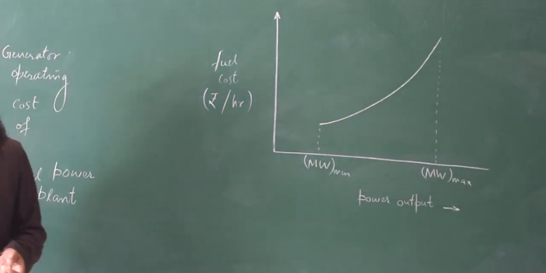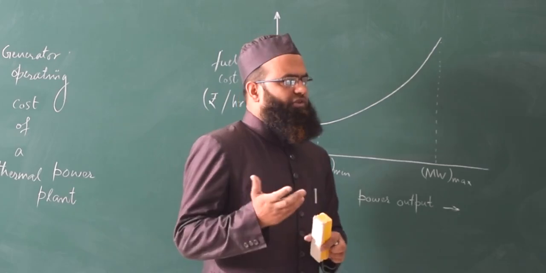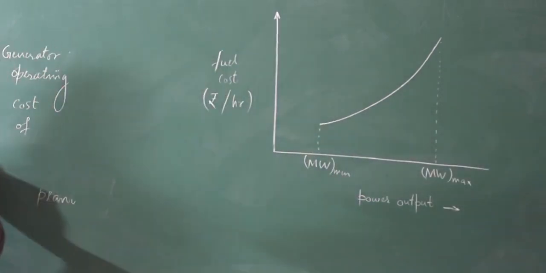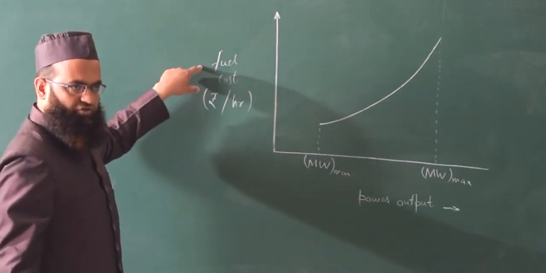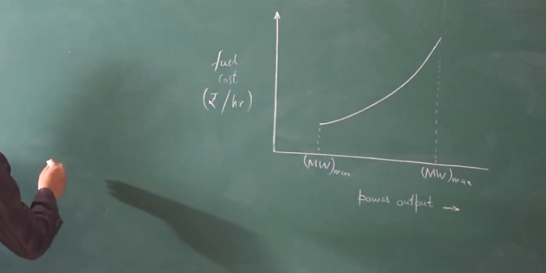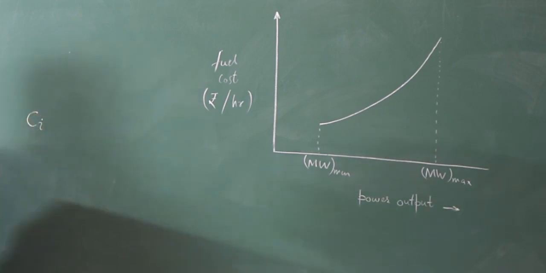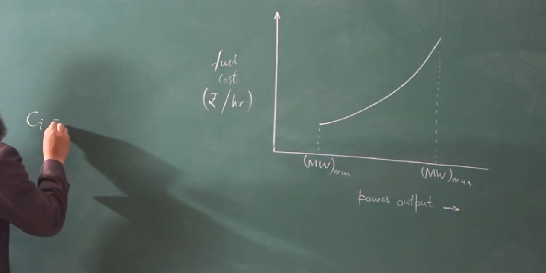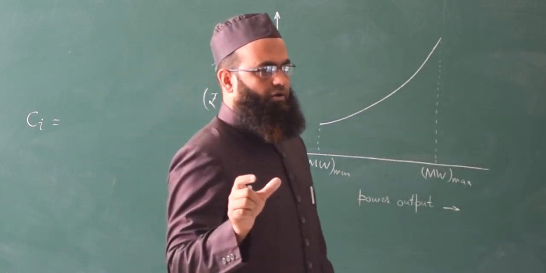So suppose this polynomial after curve fitting we get is a simple quadratic. Let us denote that polynomial. What is this output? Cost. Denote it by Ci, i for ith unit. Cost of ith unit equals, what is the equation of a quadratic polynomial?